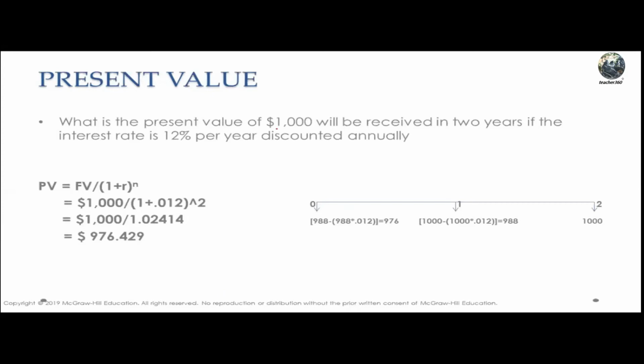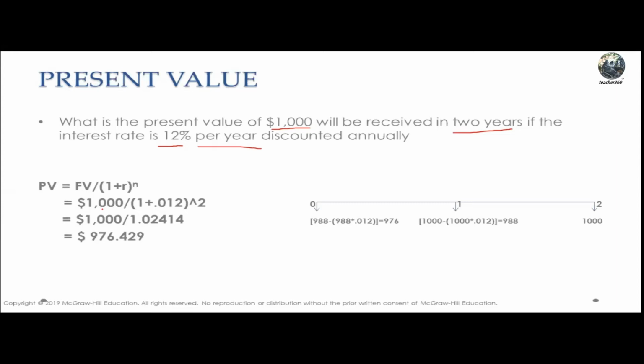So your future value is 1,000 for 2 years and your interest rate is 12% per year.